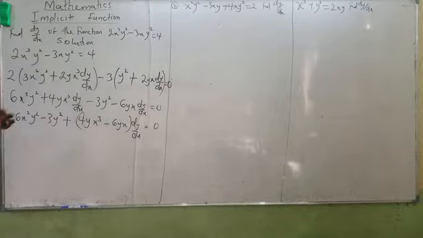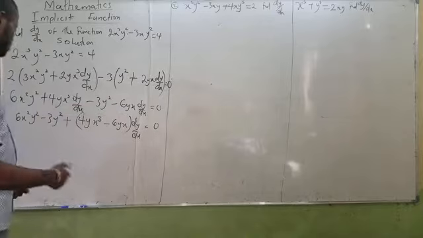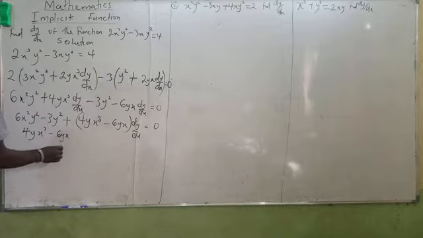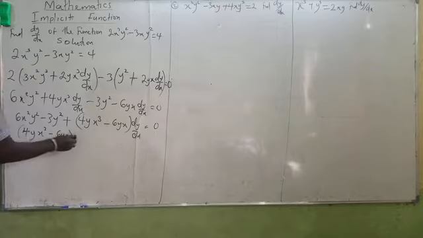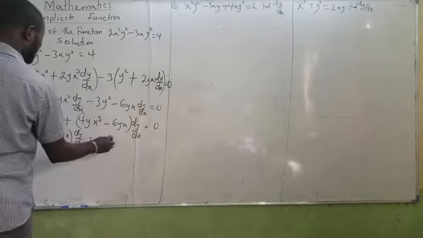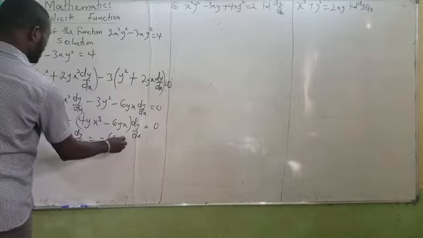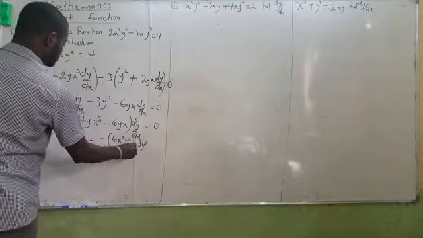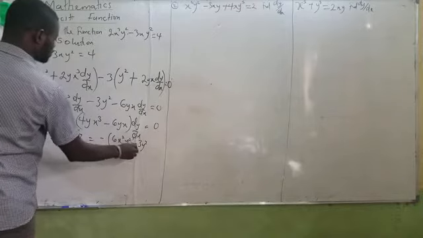Collect like terms and factor out this, out of the stuff. Now I can ask that 4yx cubed minus 6yx close bracket of dy dx will be equals to minus bracket of 6x squared y squared minus 3y squared. This is yes, minus 3y squared.